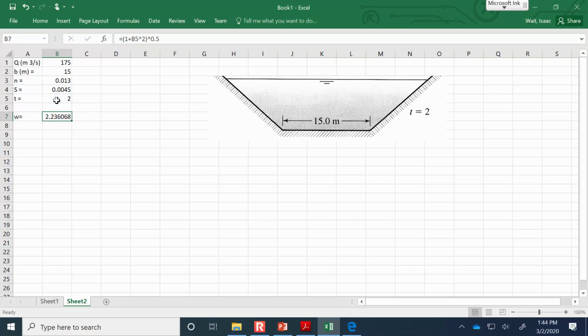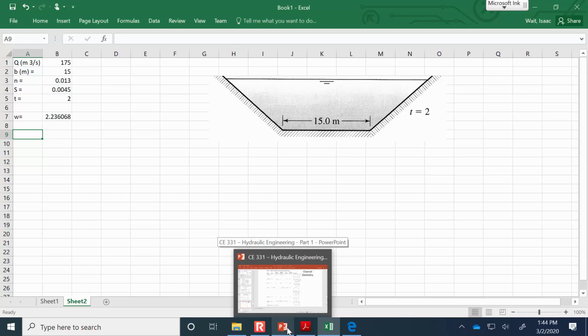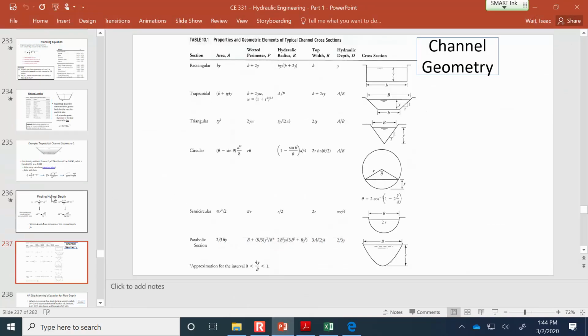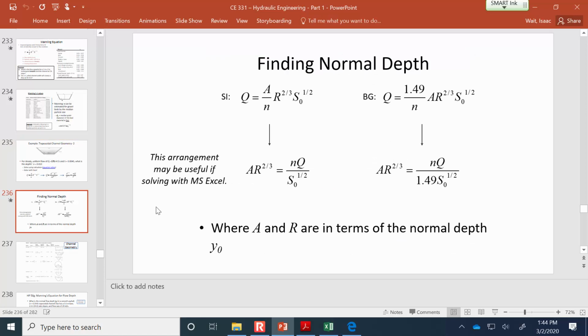Okay, so we've got W, and now what we're going to do is solve for the flow depth by rearranging Manning's equation. Here's Manning's equation to solve for flow rate. If we put all of the known factors on the right-hand side of the equation, so we know the flow rate, the N value, and the slope, and then the unknown term on the left-hand side, because the unknown is the flow depth.